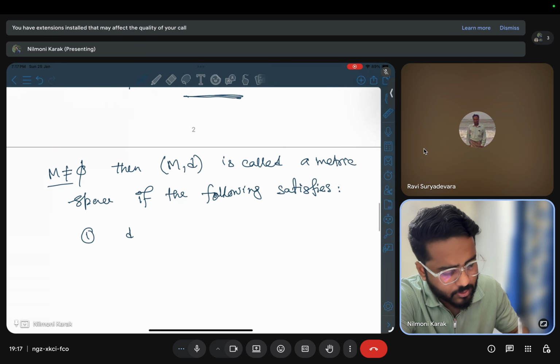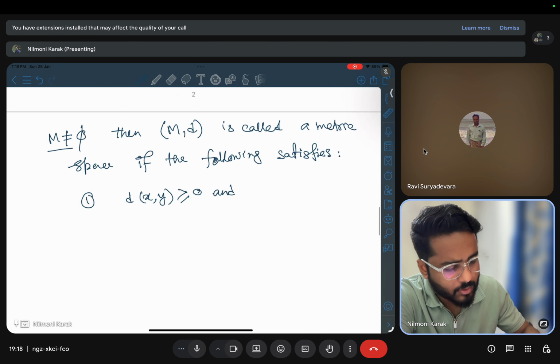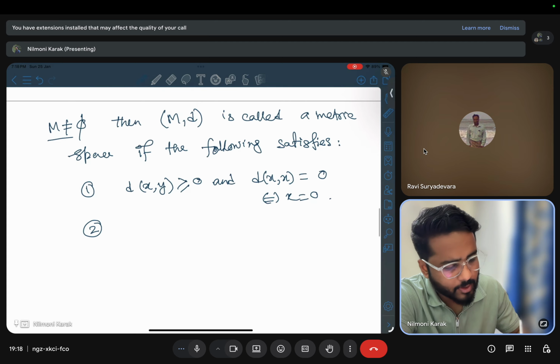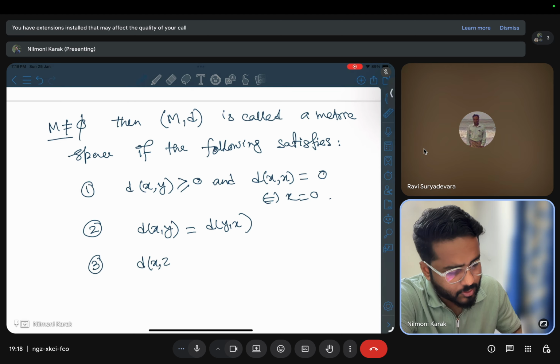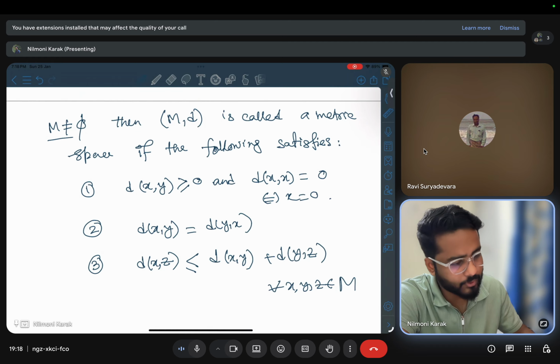d(x,y) equals d(y,x), and the triangle inequality: d(x,y) plus d(y,z) is at least d(x,z), for all x, y, z.